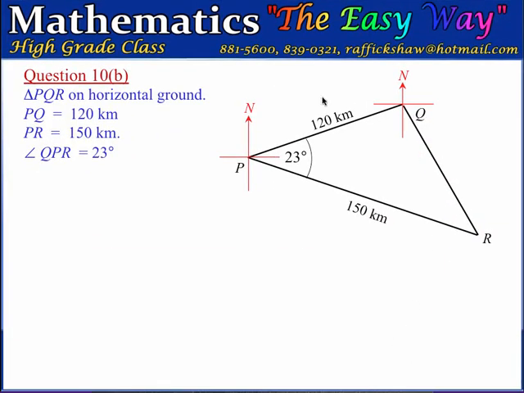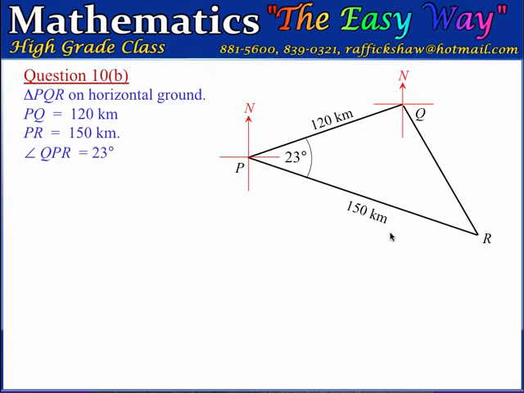In part B, we are given this diagram showing 3 points P, Q, and R, and we are told that these are 3 points on horizontal ground. In this diagram, this line with the N on top represents the north direction, and so this line as well represents the north direction.